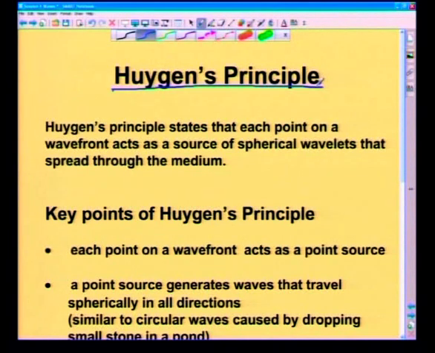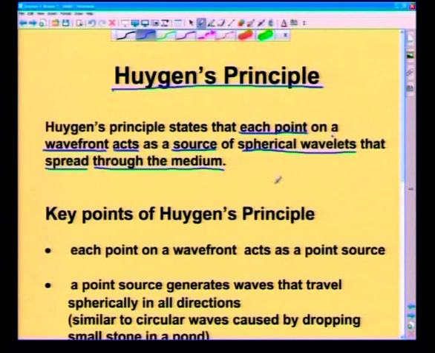Huygens principle. Now let's hear what Huygens is saying here. Huygens is saying that each point on a wave front acts as a source of spherical wavelets that spread throughout the medium. Now, what does this mean?